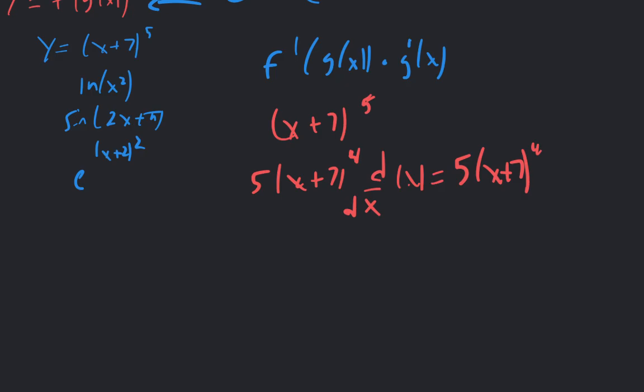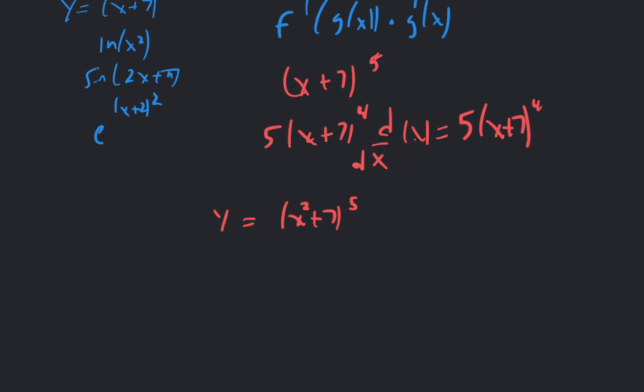We can make it a little more complicated. We could say y is equal to x plus 7 to the 5, but now change that to the x squared plus 7 and raise that all to the 5th power. We can do that. It follows the same pattern.